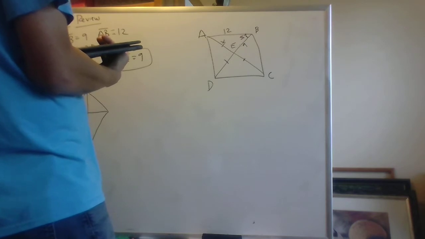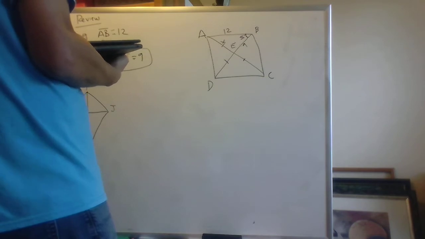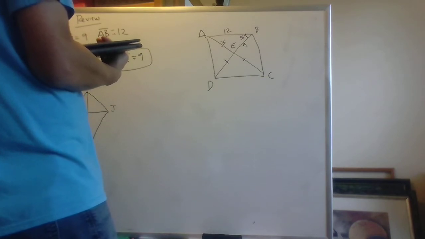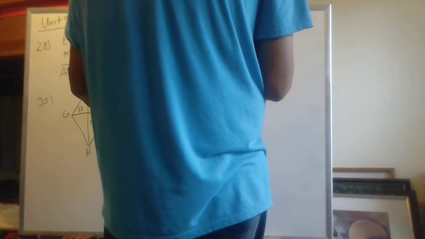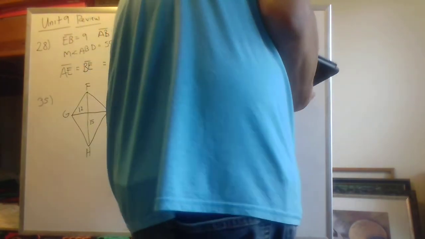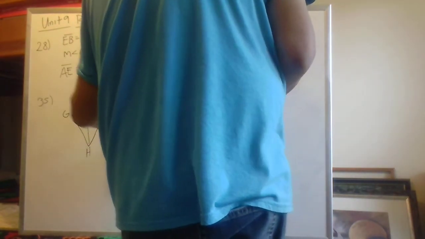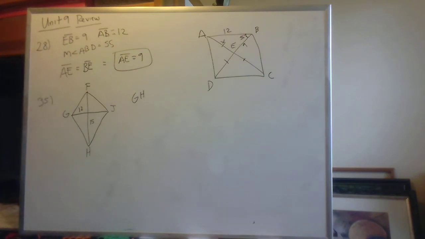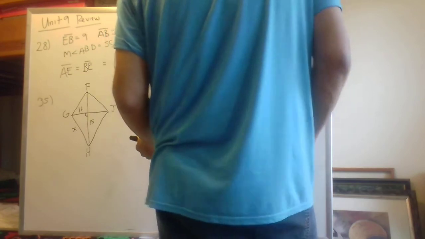That's F, G, J, and H, and it has a segment right there of 12 and 15, and it says find GH. So when we look at GH, it's going to be this little section of the triangle right there. And we know the diagonals in a kite are perpendicular and they form a 90-degree angle.